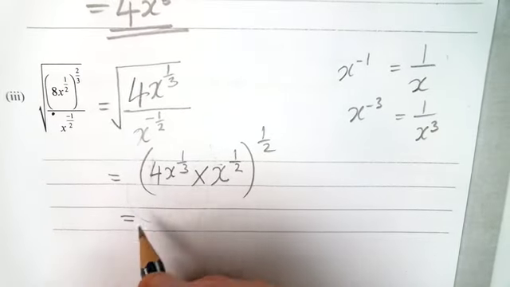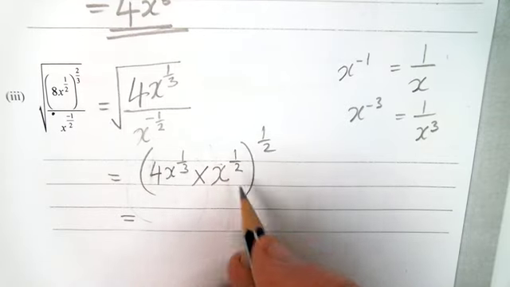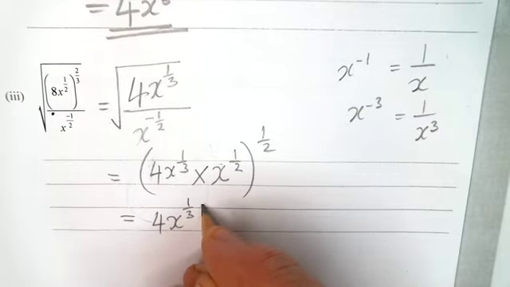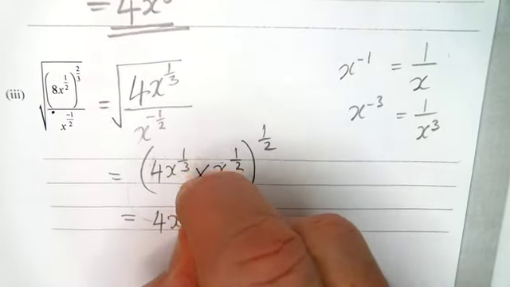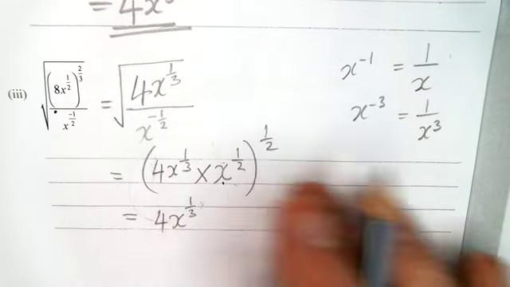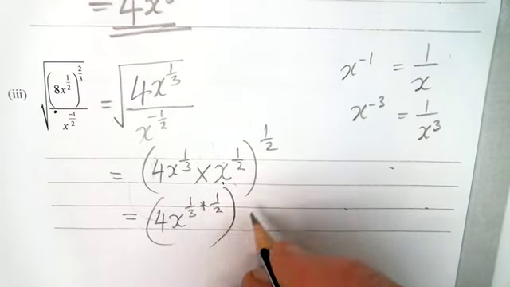So I've got 4 times x, I've got a third times half. So it's going to be 4x to the 1/3 plus 1/2, because if the bases are the same, I can just add the powers. There they are. And the whole thing's to the power of a half.